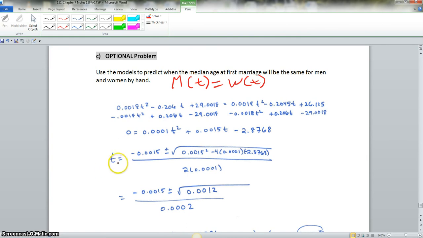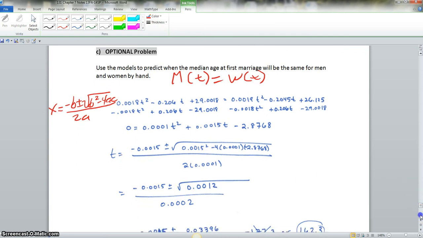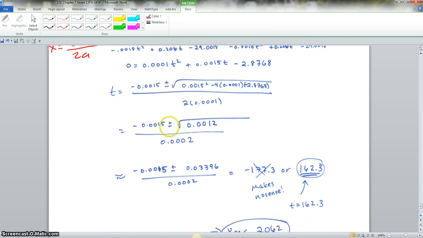And then what we would do next is we would put this in the quadratic formula. You know, the quadratic formula is x equals negative b plus or minus the square root of b squared minus 4ac all over 2a. So we substitute in all of these values, and then we ended up with this value here, and we put this in our calculator after we take the square root of this value here.